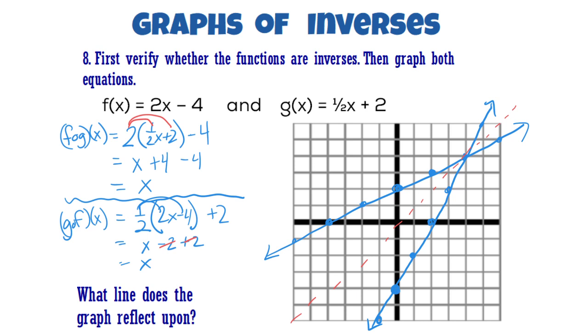If you truly have 1-to-1 functions, they're inverses of one another, then they will always reflect over the y equals x line. That ties into that whole idea of the x's and y's swapping. That's why it will reflect over this line. So just another feature that can help you determine or find or verify, confirm, whatever you're doing with your inverse functions. They will always reflect over this line.